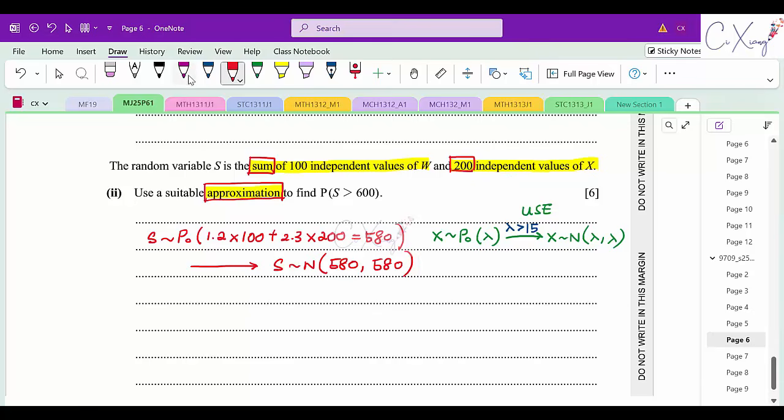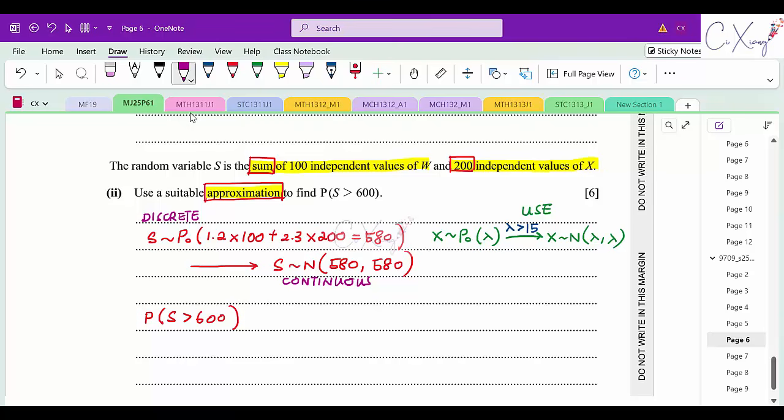Okay, then after that, they want you to calculate the probability that S is greater than 600. Now you have to have a look here. This is a discrete random variable for Poisson. Normal distribution is continuous.